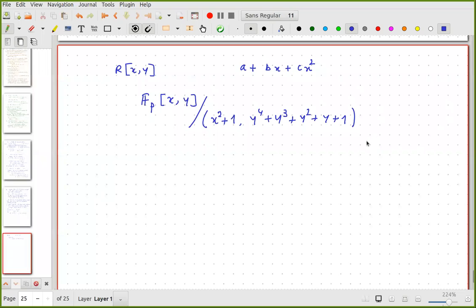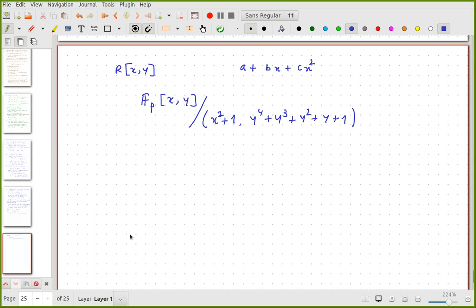This would be a question that is worth asking. And how do you determine such a thing? So essentially what is happening here is that F_p[x] modulo x^2 + 1 is a field if x^2 + 1 is irreducible in F_p[x].